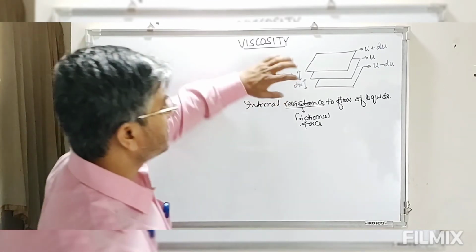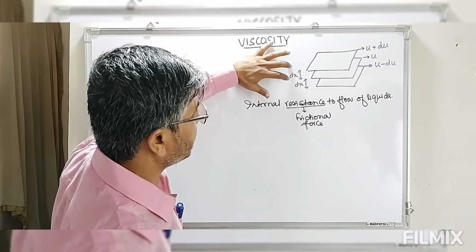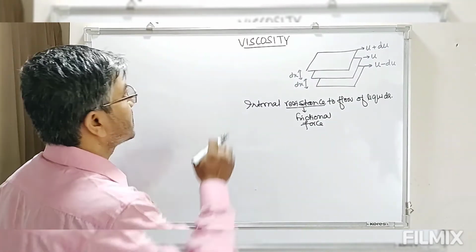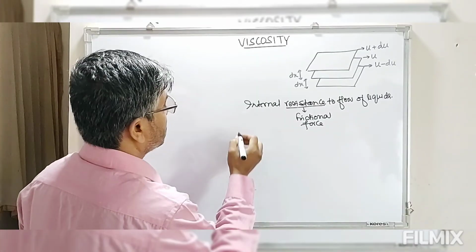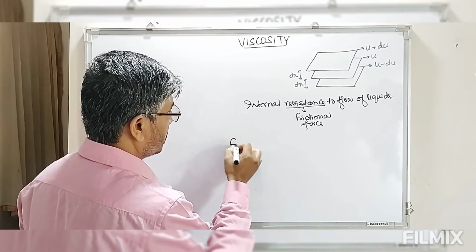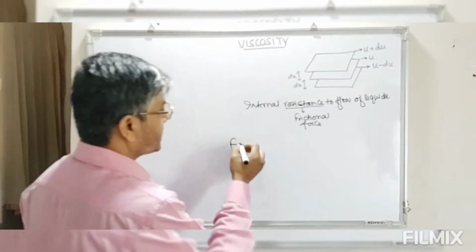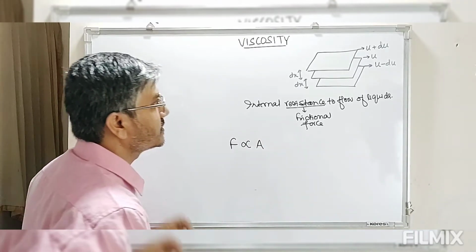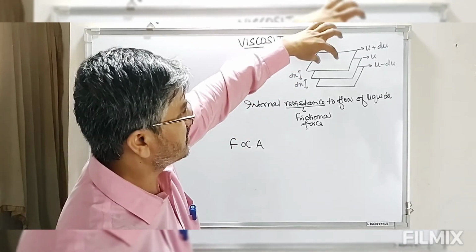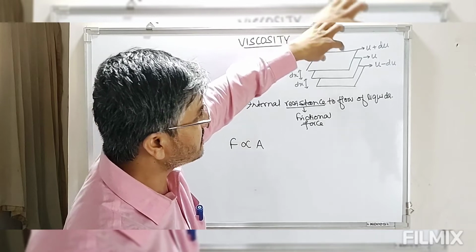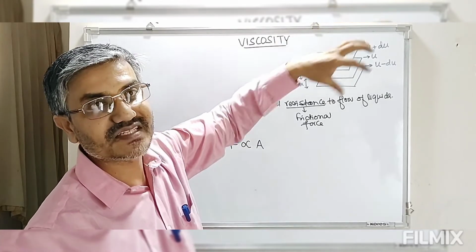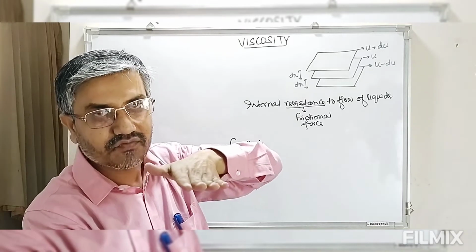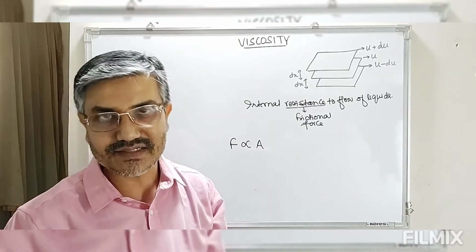Now let's say this is the distance between the adjacent layers, and this is the velocity. Then this frictional force, or internal resistance, is directly proportional to the area of contact. As the area of the layer increases, there will be more internal resistance.